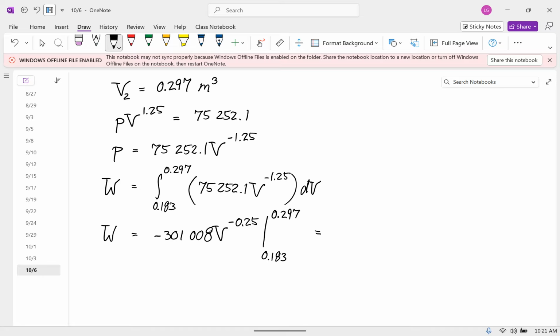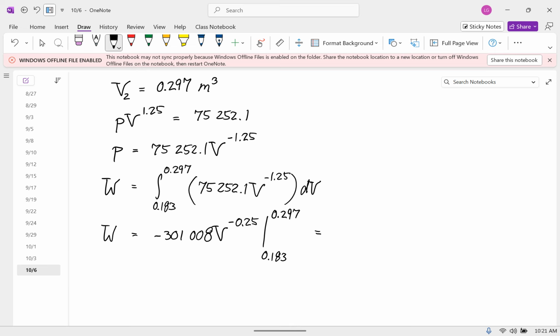So we have 0.297 to the power of negative 0.25 minus 0.183 to the power of negative 0.25.